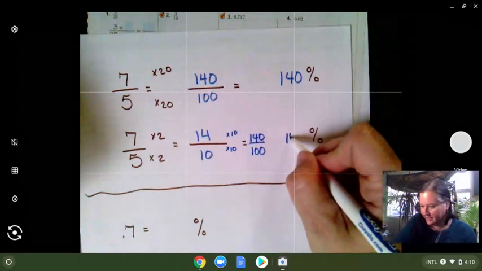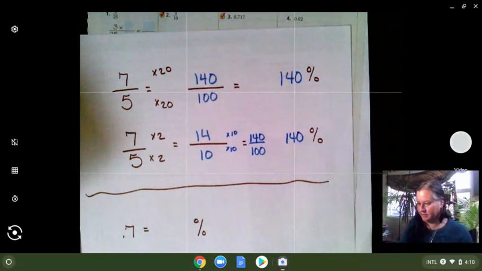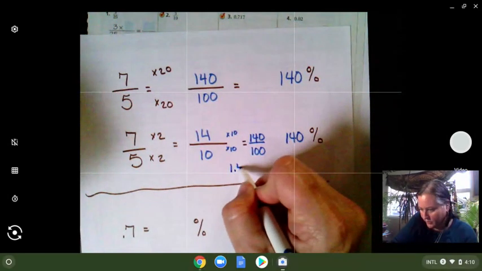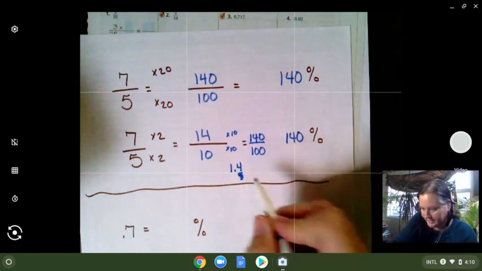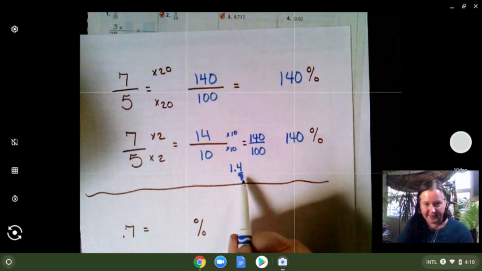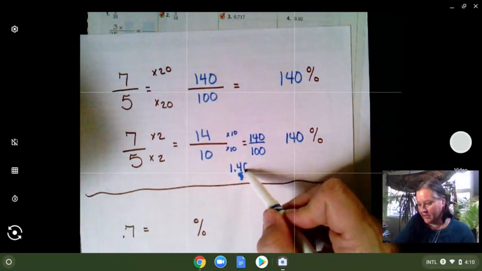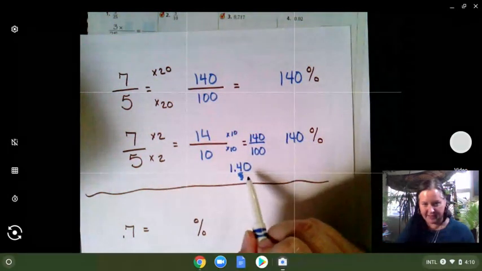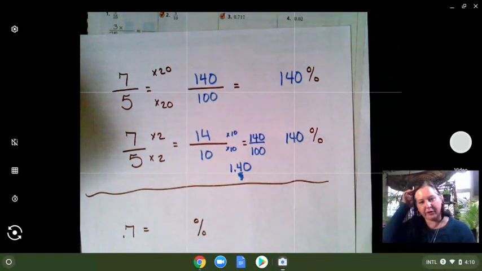So again, it is going to be 140%. Another way to do this would be 14 tenths. You could write it as 1.4. So it ends in the tenths place, 14 tenths. And you know that you need to know how many hundredths. You could just add your placeholding 0 in. You'll also move 2 spots to the right to get 140.